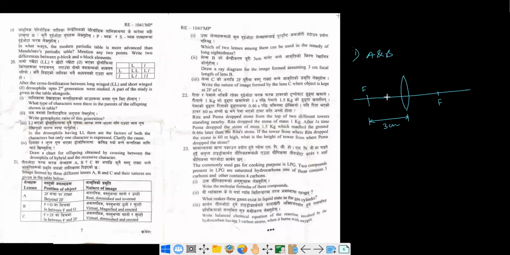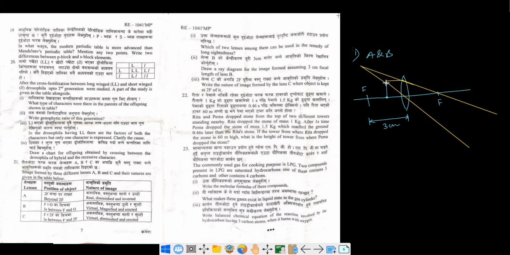So this is my object. Let me just draw the ray diagrams. Sorry, rays. So one ray will come parallel and go through the focus, and there is another ray that will pass through the optical center, and we can simply join the line, a virtual line, to make its virtual image. Okay, so this is virtual.